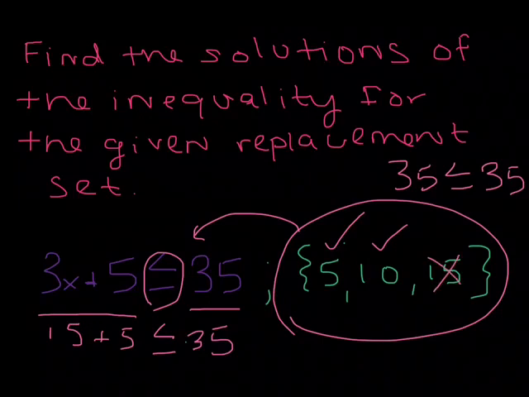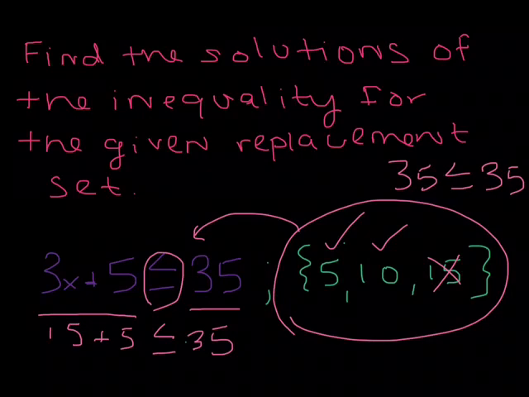So when answering these kinds of questions, they're asking you to find the solutions of the inequality for that given replacement set. They're asking you to replace the variable with each of the values provided and then to tell them which statement is true. Now it's also possible to be given a replacement set where nothing works.